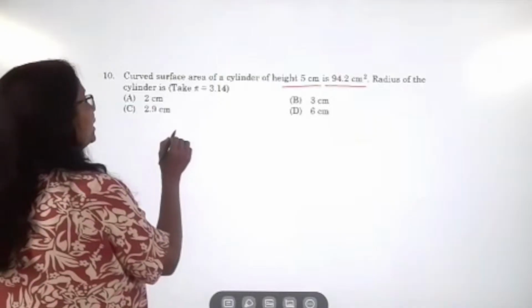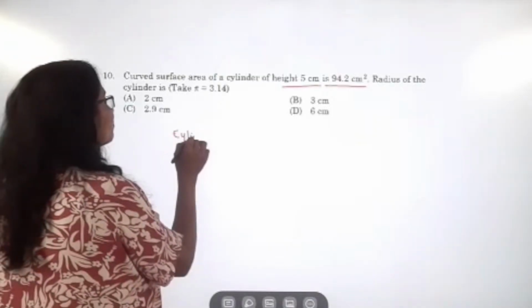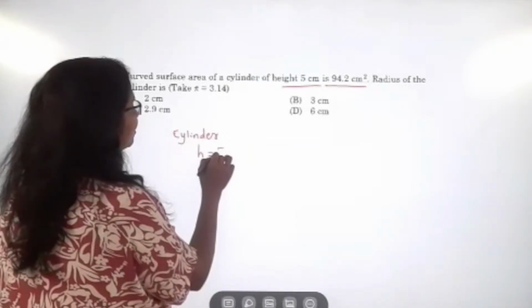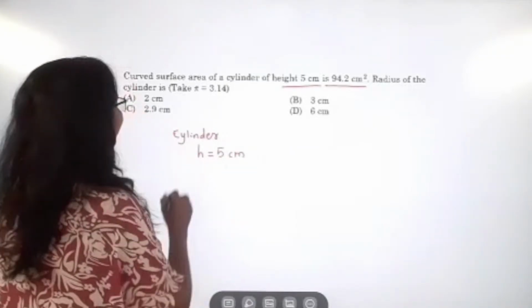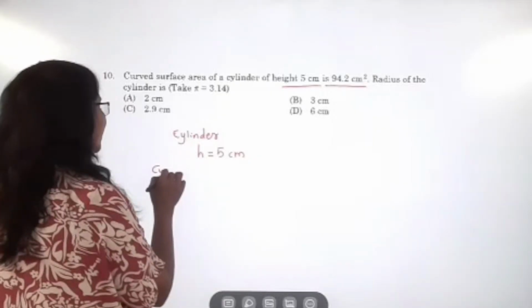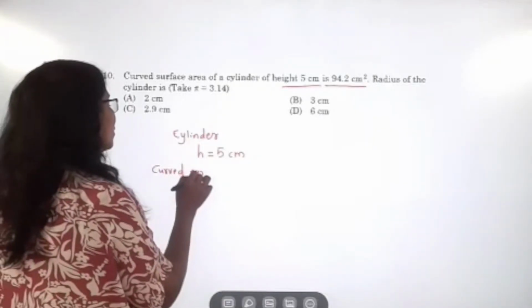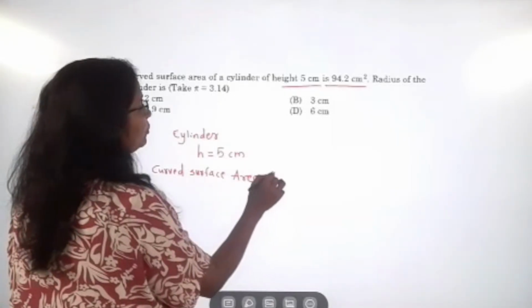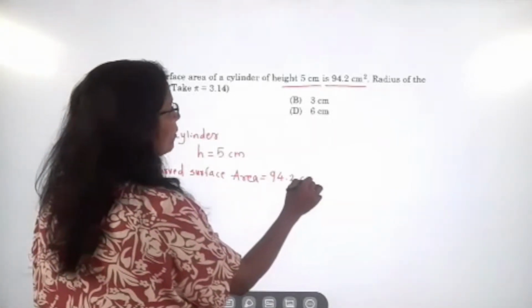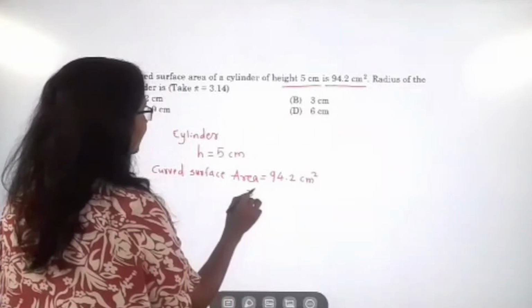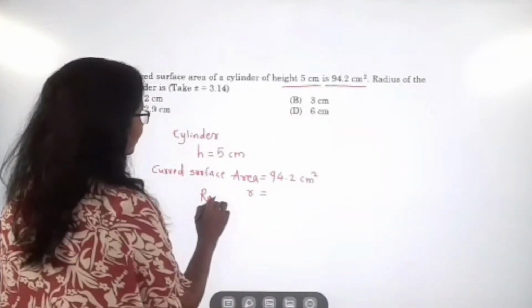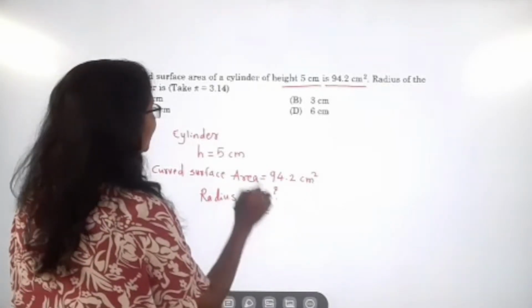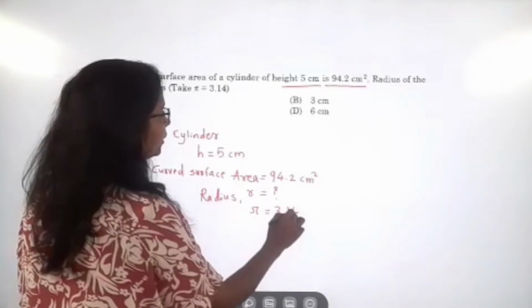First we draw a cylinder with height h equal to 5 centimeter, curved surface area equal to 94.2 square centimeter, and we have to find the radius r, where pi is equal to 3.14.